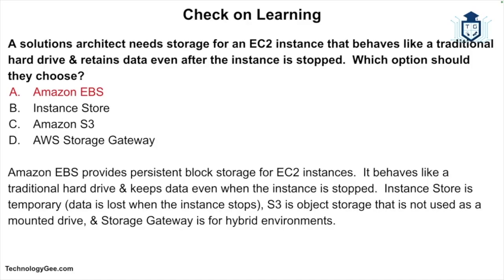Amazon EBS provides persistent block storage for EC2 instances. It behaves like a traditional hard drive and keeps data even when the instance is stopped. Instance Store is temporary, meaning the data is lost when the instance stops. S3 is object storage that is not used as a mounted drive, and Storage Gateway is for hybrid environments.